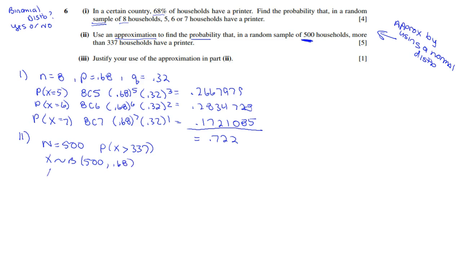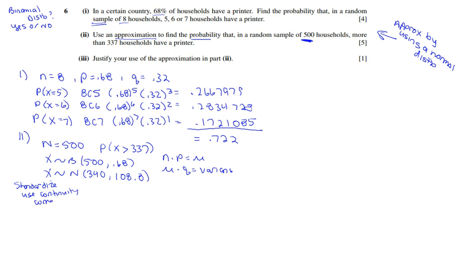If I multiply the 500 times the 0.68, that'll give me the mean, or the expected value. And then if I multiply the mean times the failure probability, q, I'll get the variance, which is 108.8. Now I've got all the information I need. All I've got to do is standardize this, but keep in mind that when I'm making an approximation, I've got to use a continuity correction.